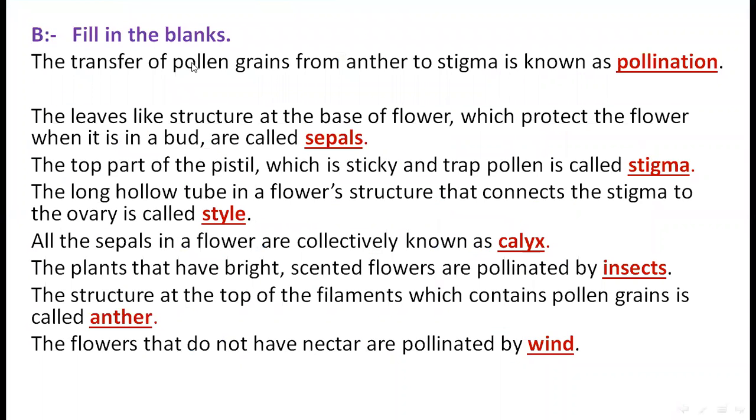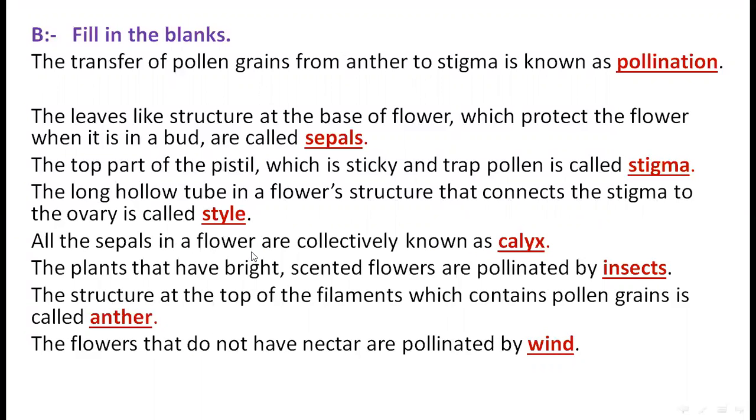Exercise B, fill in the blanks. The transfer of pollen grain from anther to stigma is known as pollination. The leaf-like structures at the base of a flower which protect the flower when it is in bud are called sepals. The top part of the pistil, which is sticky and traps the pollen, is called the stigma. The long hollow tube in a flower that connects the stigma to the ovary is called the style.